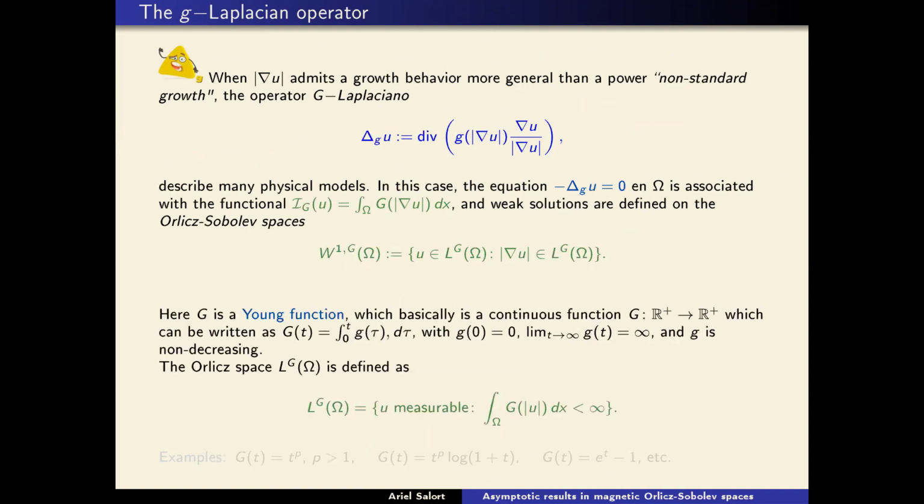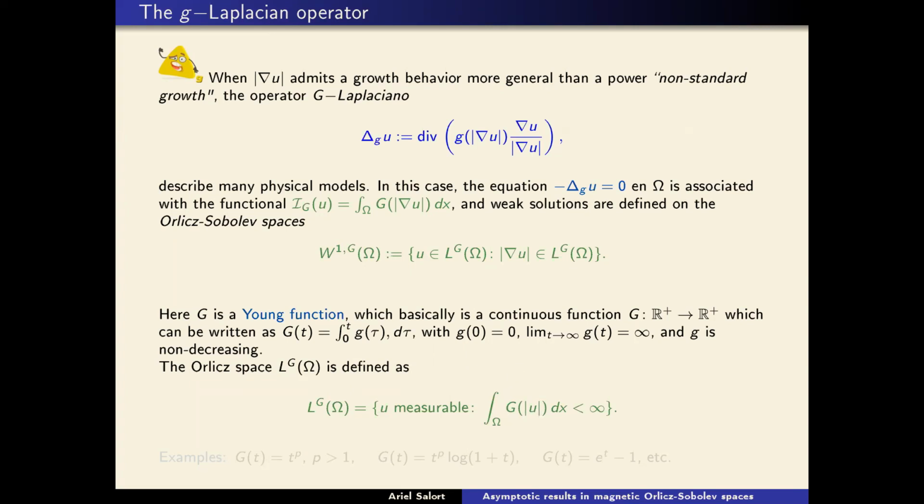L^G is a space which is defined as the set of functions for which this quantity is bounded. This quantity in the bibliography is called a modular. In the case of the Lebesgue space L^p, when G is t to the p, for instance, this quantity is like the norm to the p.